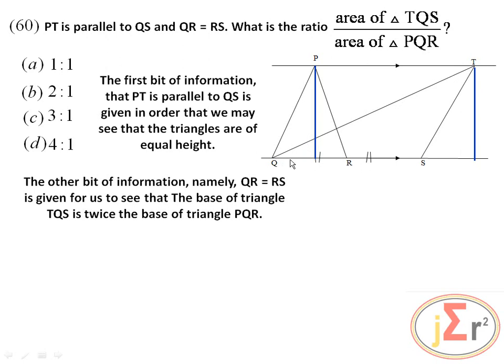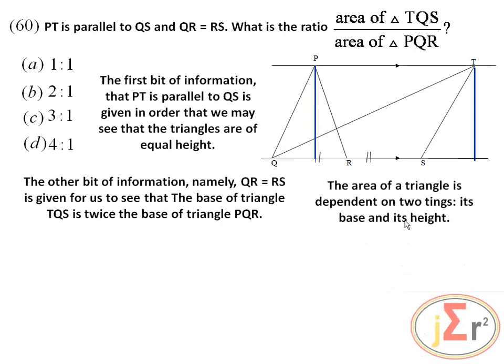That means, say for argument's sake, that this base is B. If this is B here, over here is also B, and the entire thing is going to be 2B. So whereas this is 2B, this one will be B, and the base of this triangle TQS will be twice the base of this triangle PQR.